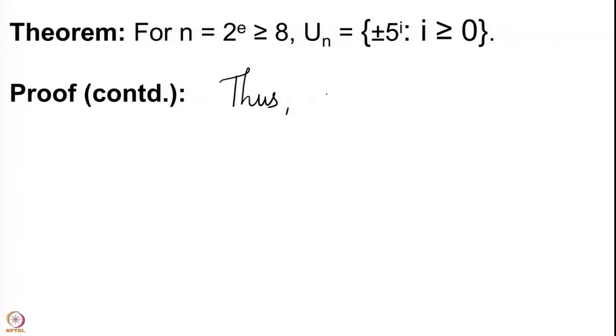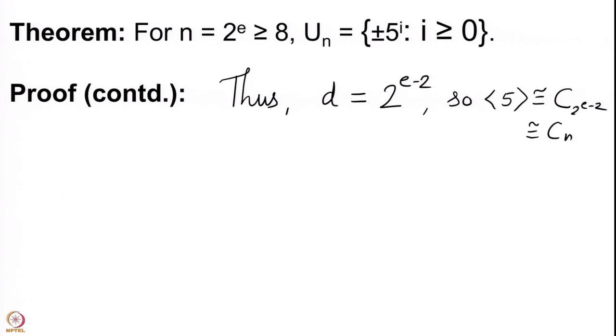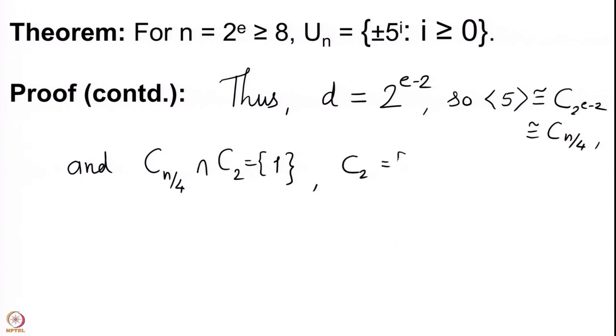Thus d, which is the order of 5 in that group, is 2 power e minus 2. So, the group generated by 5 is indeed a cyclic group of order 2 power e minus 2, which is the same thing as cyclic group of order n by 4, and this C n by 4 has only the trivial intersection with our group C2, where remember C2 is simply plus or minus 1.